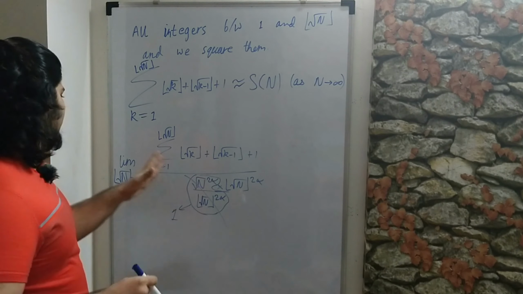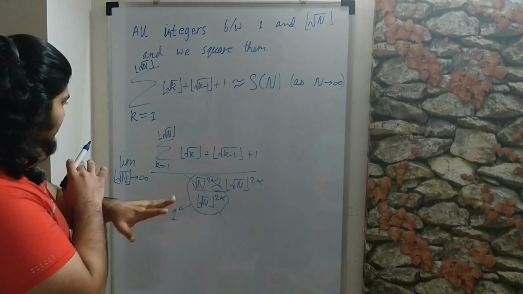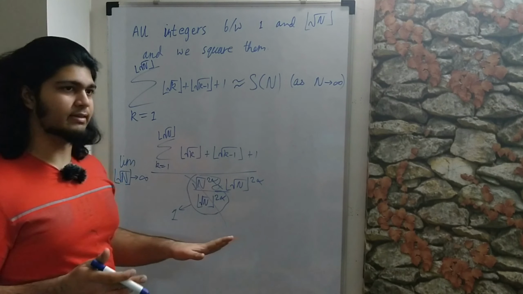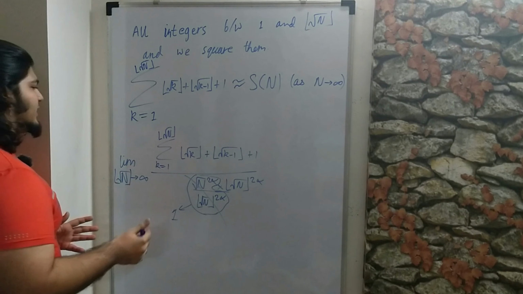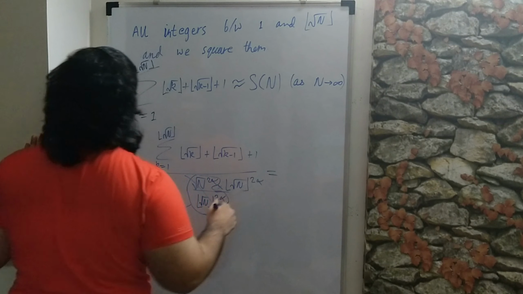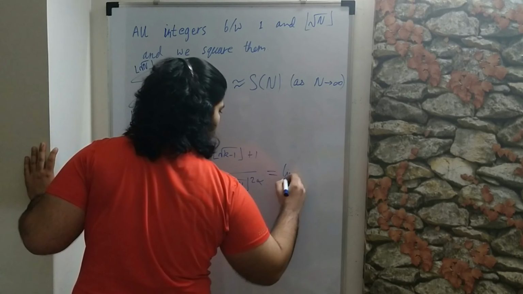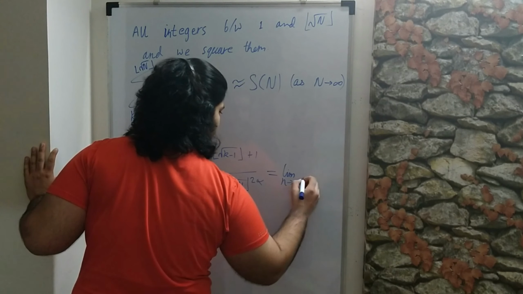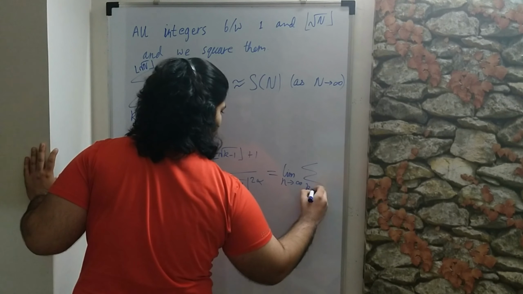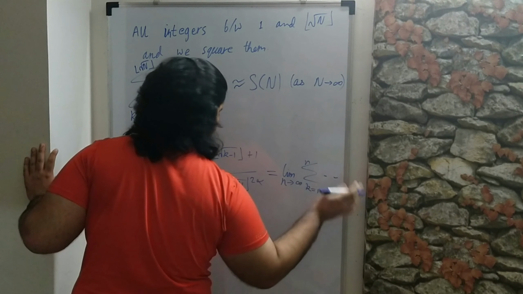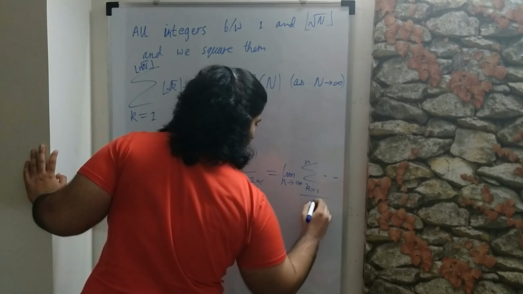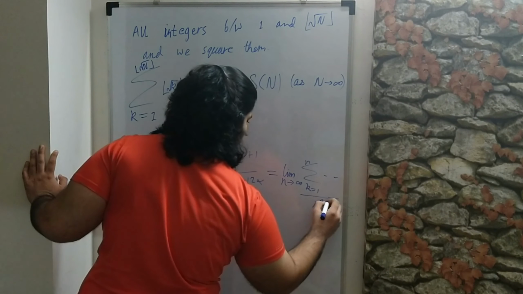They don't matter, and that way we have an expression completely in terms of floor of root n. So how about we give floor of root n a new name? Let's call it small n. So limit as small n goes to infinity of the sum as k goes from 1 to small n of that stuff, divided by n to the 2 alpha.